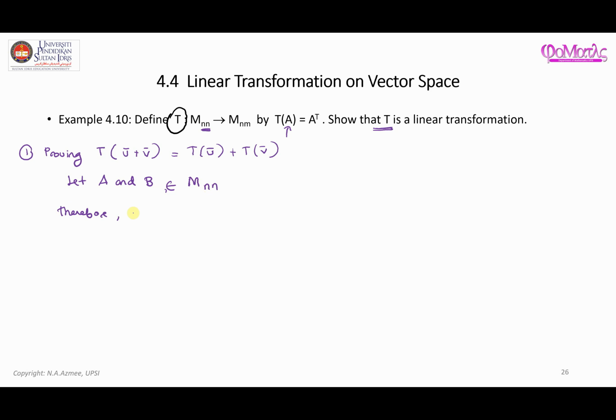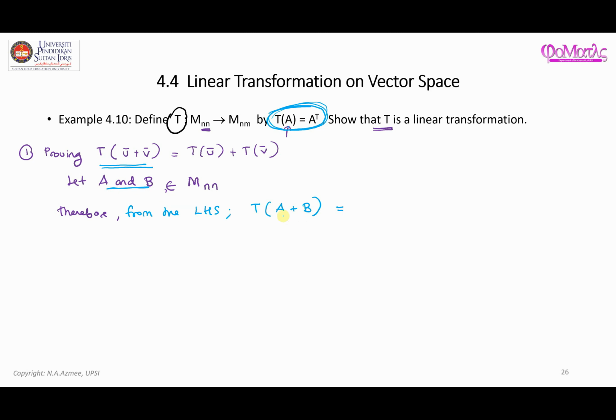So we can start off by considering the left hand side. From the left hand side, we have T of A and B together, so T of A plus B, and this is equal to what? What is the rule given when you have the input inside this transformation function? The result says if you have A, the result is A transpose.